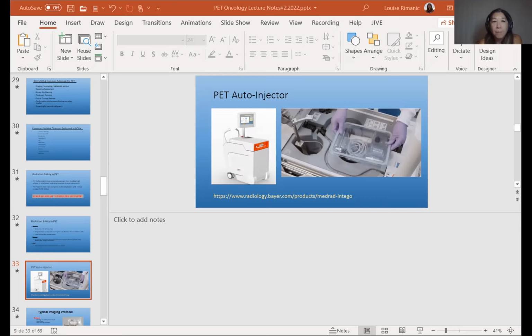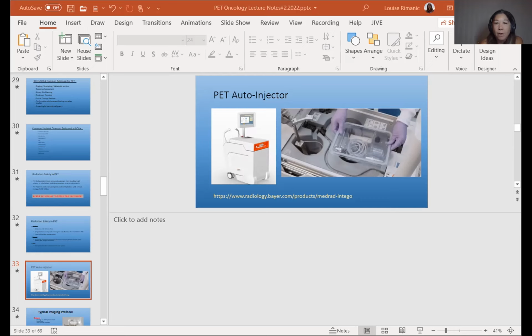So just to finish up, the future of PET in oncology. As you know, PET is a rapidly evolving area in nuclear medicine. There's changes in instrumentation technology all the time, new image reconstruction processing algorithms, software developments, a number of new PET radiopharmaceuticals, lots of research and clinical trials going on.